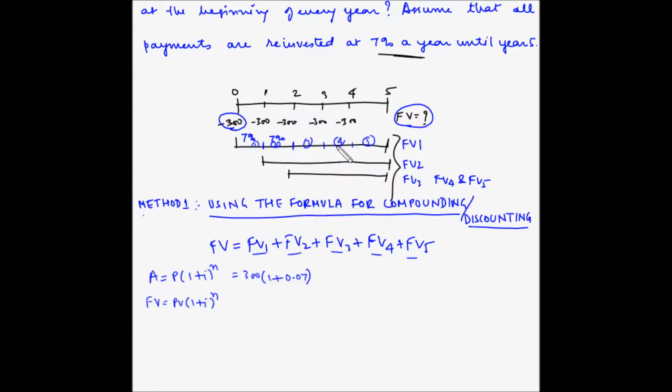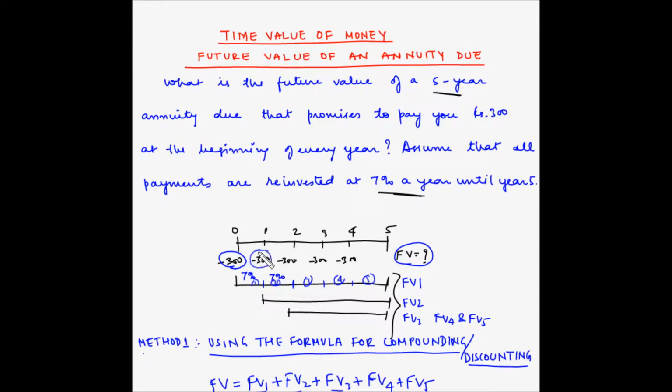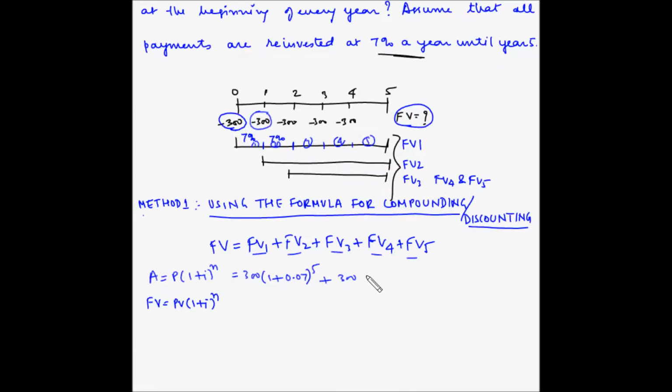N is the number of compounding periods, which is 5 in this case, plus FV2. Same thing: the present value is 300 because this is the second installment of 300 rupees, into (1 plus 0.07) to the power 4, and so on.